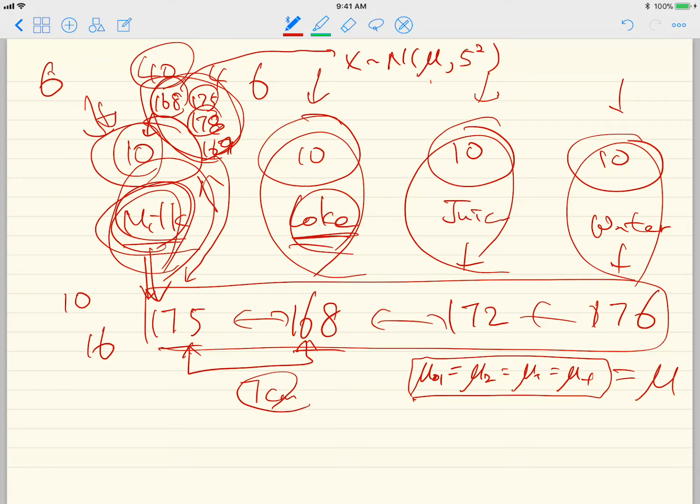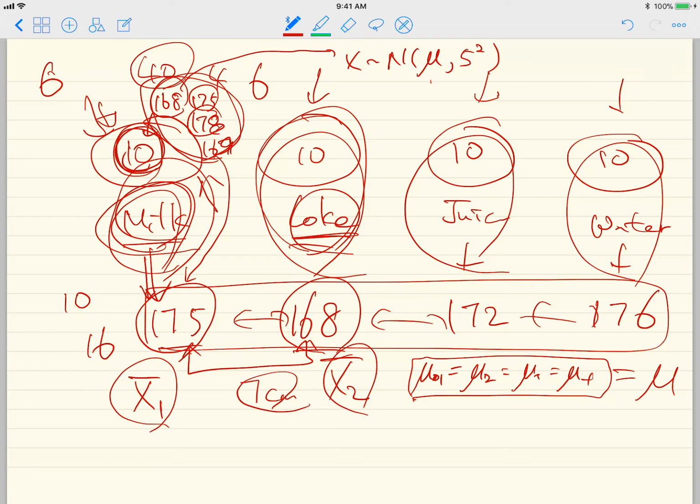You can see that we have 10 observations, and if we consider their sample mean, this can be viewed as x1 bar, and this one is x2 bar. Four of these are sample means.